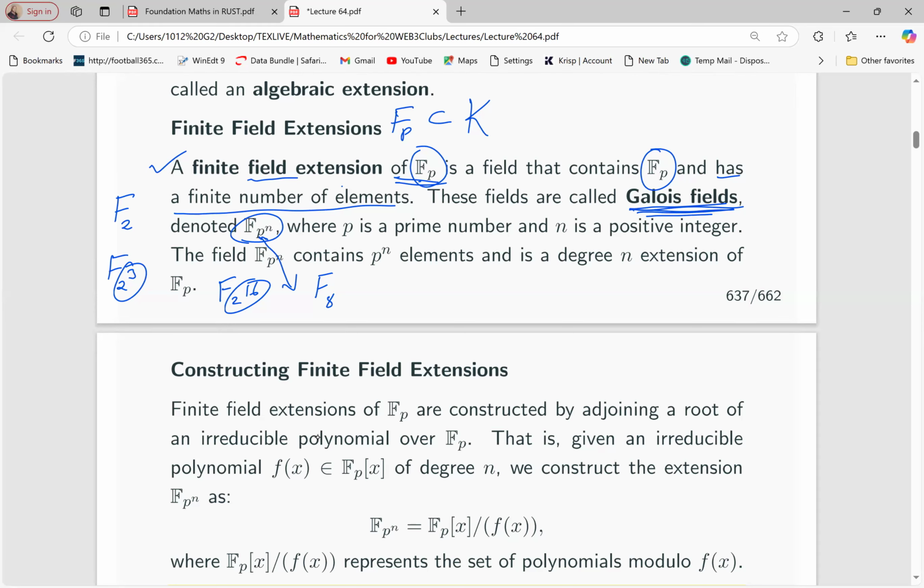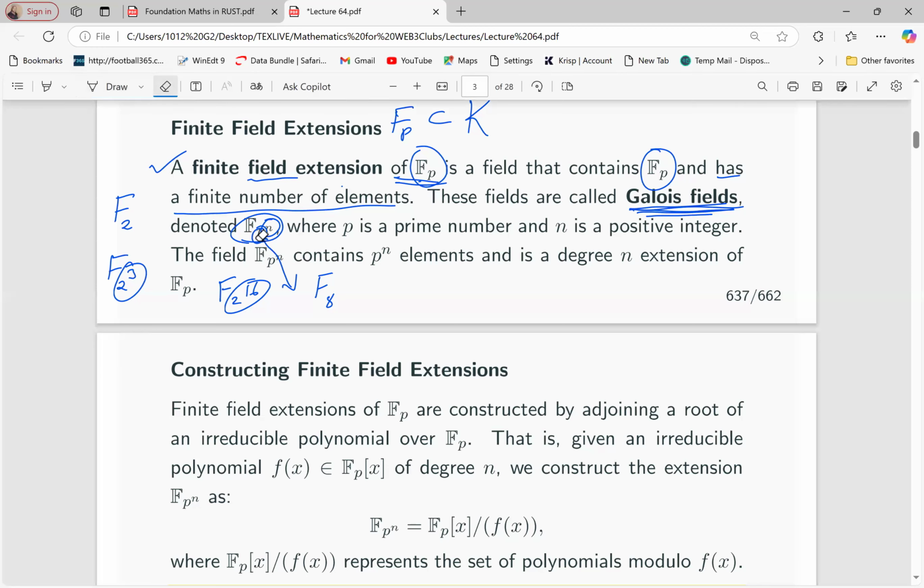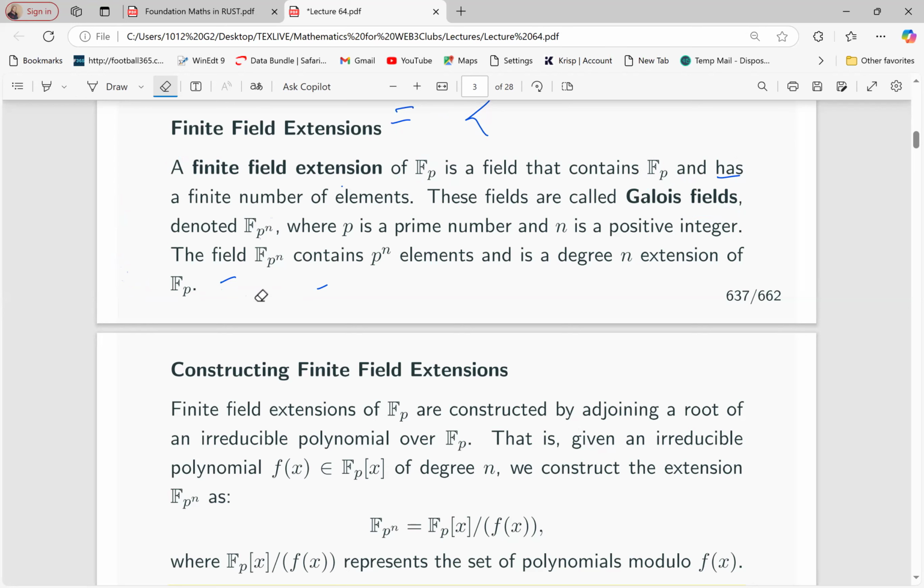This number must always be prime, but this exponent can be any positive number. This just explains what we've already explained: it will have 2 raised to 3 elements, for instance, but this one will have p raised to n elements.